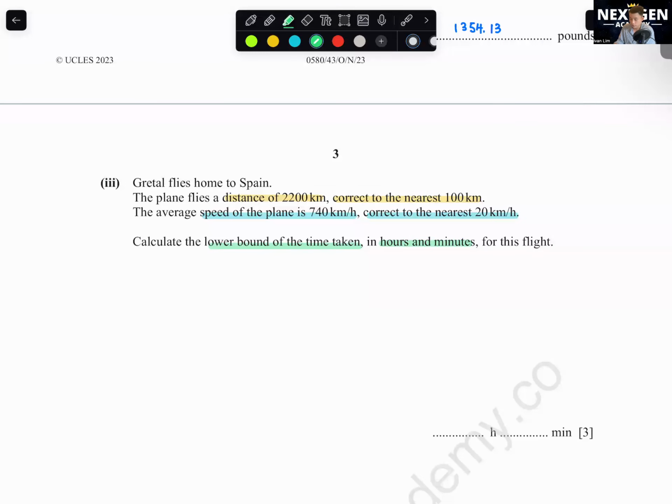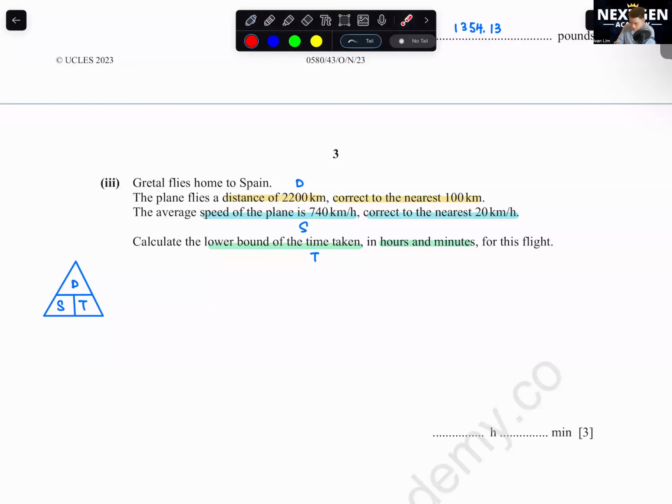For this flight, this one is made up of different values, right? So got three things that we want to find. We need to put into this triangle first for the formula. Speed, distance, time. They want us to find time. They gave us distance, they gave us speed.